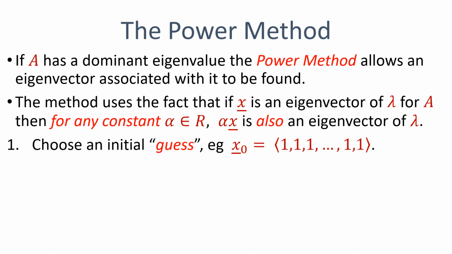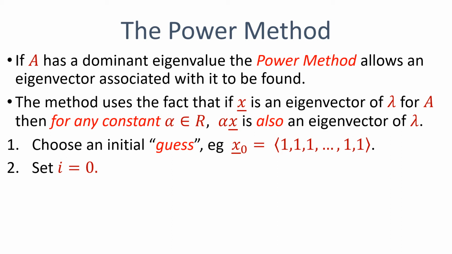So what do we do in the power method? To start off with, we choose some initial guess. So a very common choice is to choose the vector which consists entirely of ones. So that's our initial guess.